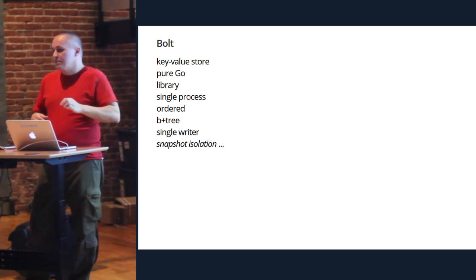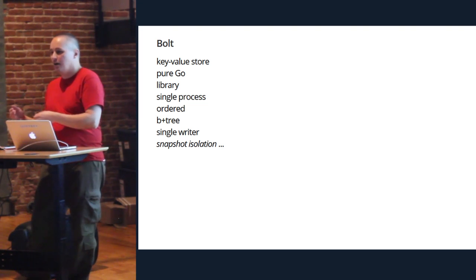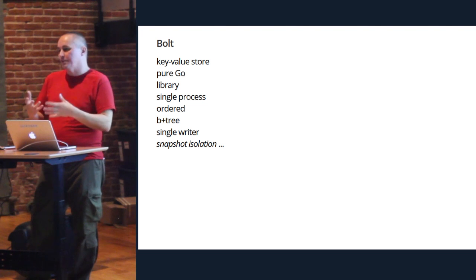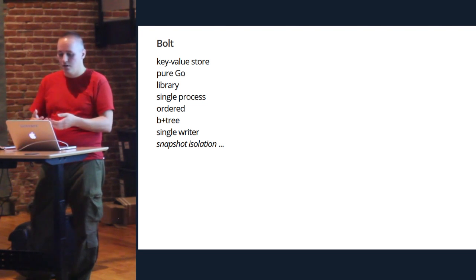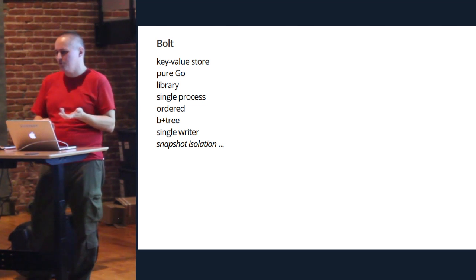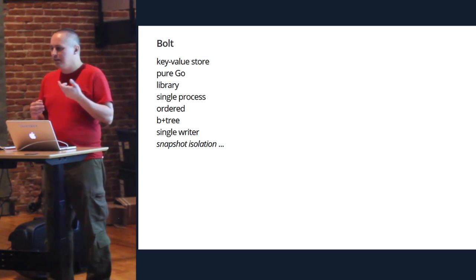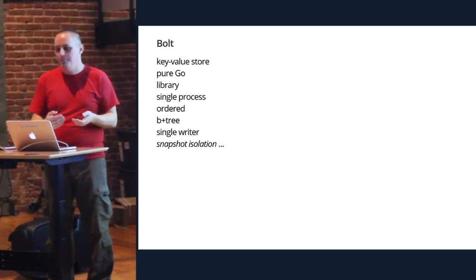Even in SQL databases, you have this thing called isolation levels, which is how the database vendor describes the behavior of the database for your queries. Snapshot isolation is pretty much, I think, the strongest possible thing you could say about a SQL database. So Bolt is at that level. Once again, it's really the easiest to reason about.